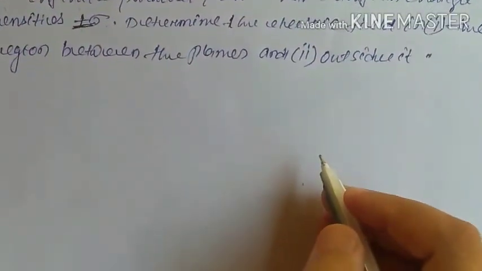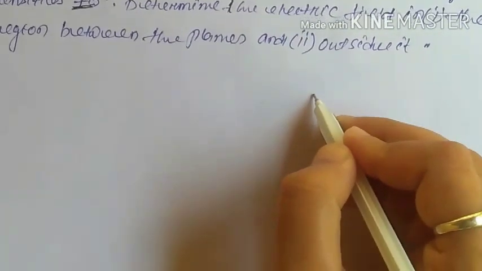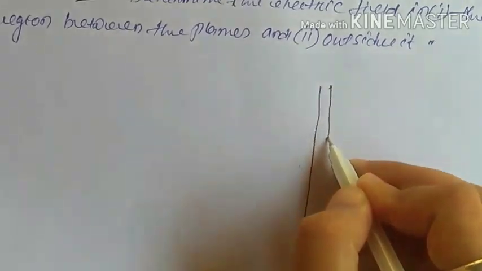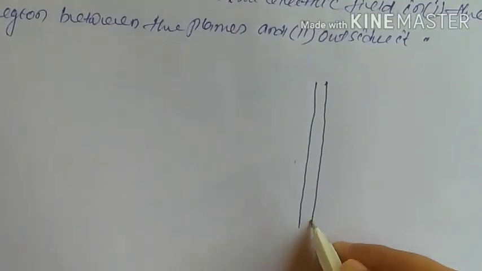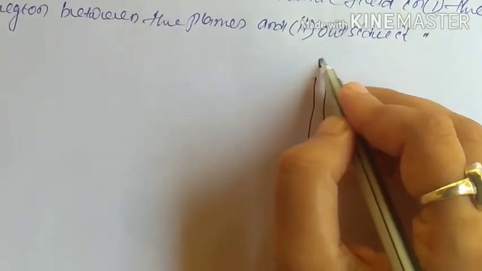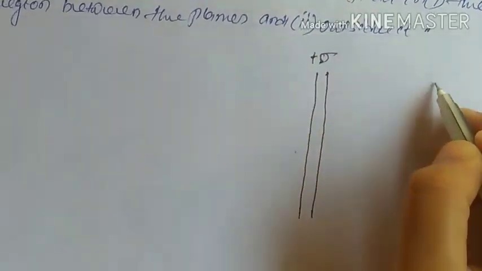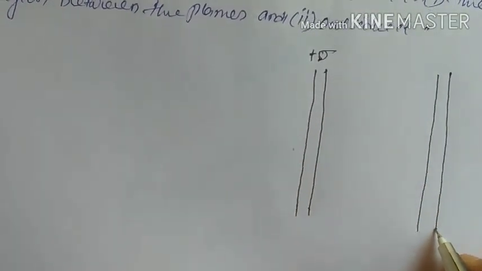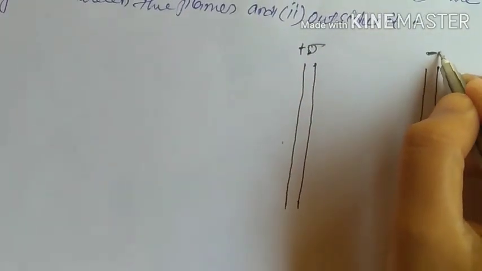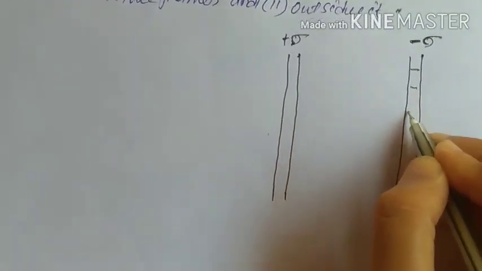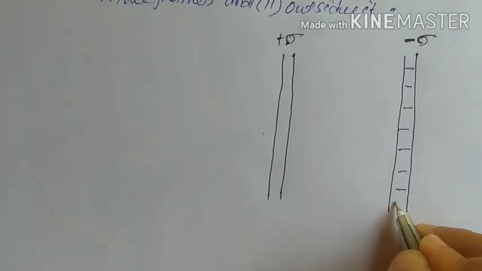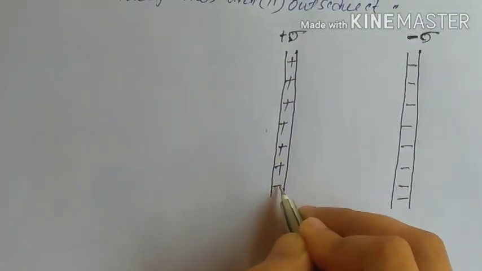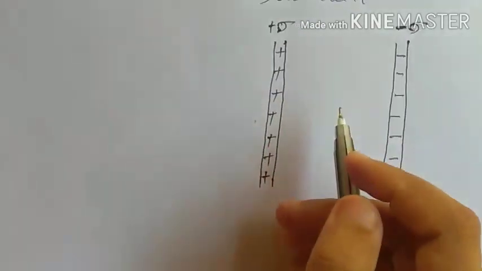So if we plot it diagrammatically, how is it? Two planes. Suppose plane 1 has charge density sigma positive, and the other plane has charge density minus sigma. So this is my minus, this is my plus. They produce electric field throughout.